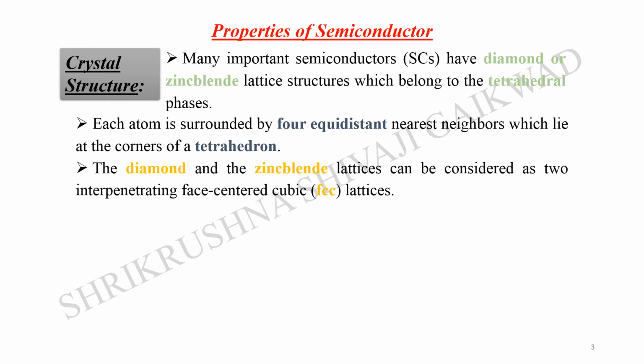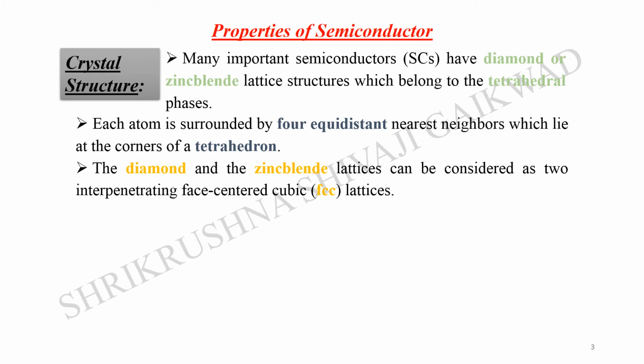Now the diamond and the zinc blende lattices can be considered as two interpenetrating FCC structures. In one FCC structure, we know that there are 8 atoms on the corners and 6 atoms on each of the faces of that cube.